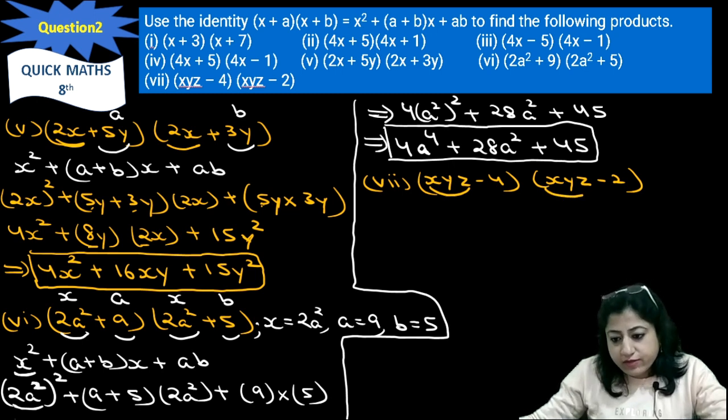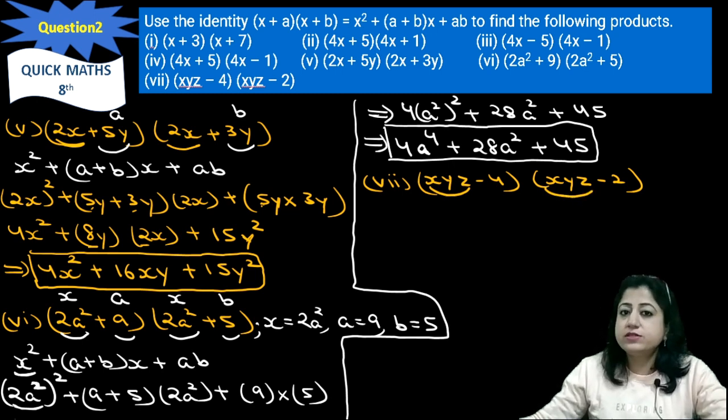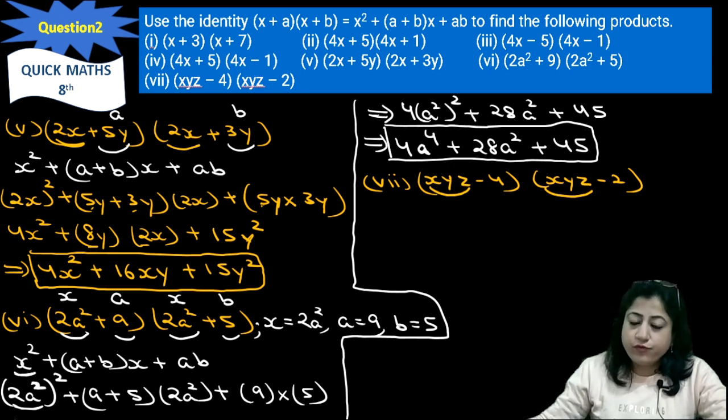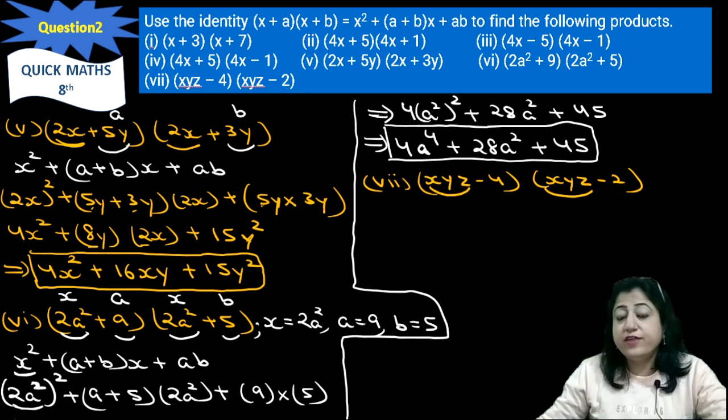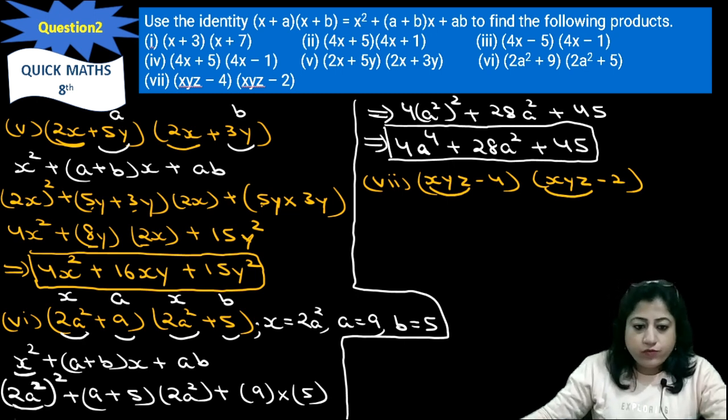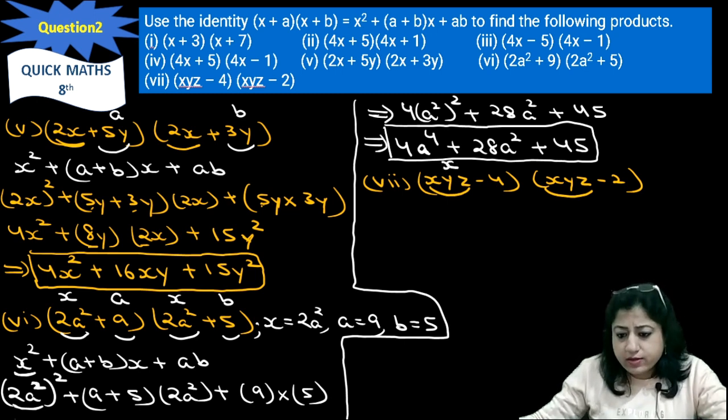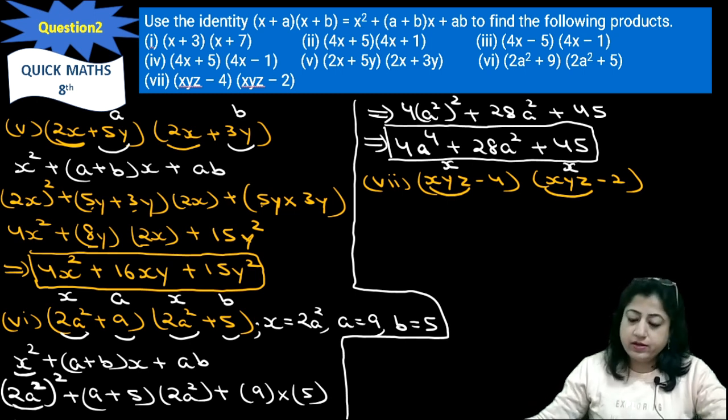In the second bracket, the first term is xyz, which means the first terms are the same in both the brackets. So it is of the form of the fourth identity, where first terms are same but the second terms are different in both the brackets. So what is the value of x here? Value of x is xyz.